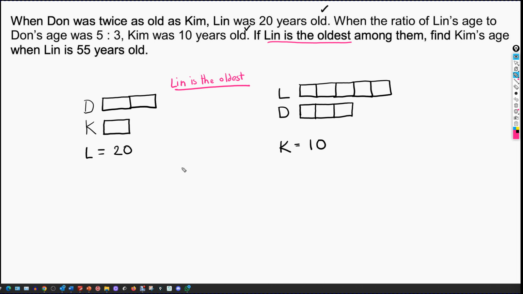And then he had his little light bulb moment. It's the difference in age that remains constant. Okay, it's the difference that stays the same. All right, and just because at one point you are 3 times as old as someone or half as old as someone else, that's just at one point in time, at one age.